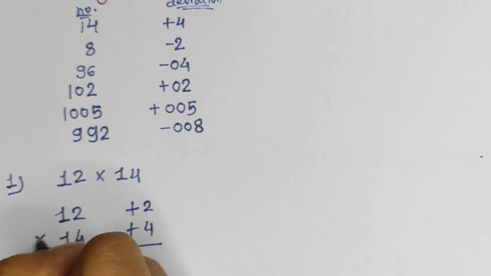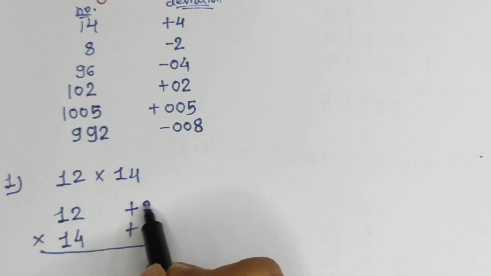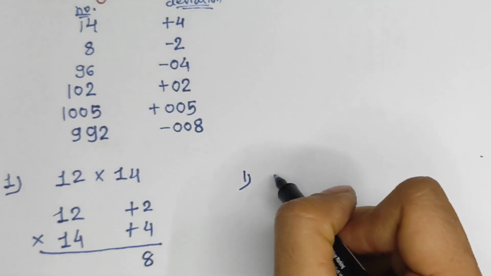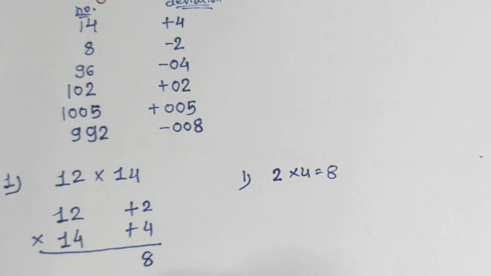Then we do the multiplication. On the right side, we multiply both deviations: 2 times 4 is 8. That is step 1, multiplying the deviations. In step 2, we do the process on the left side: one number and the other number's deviation.